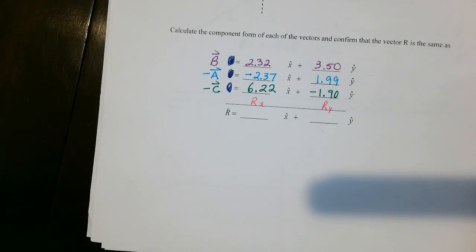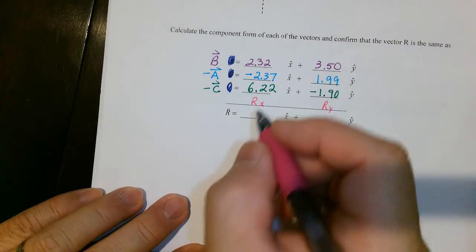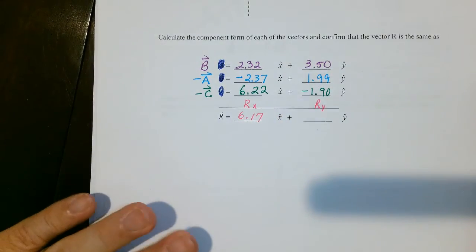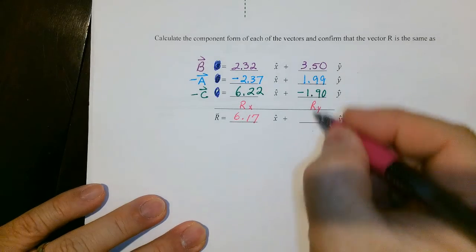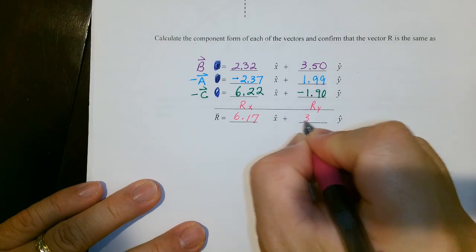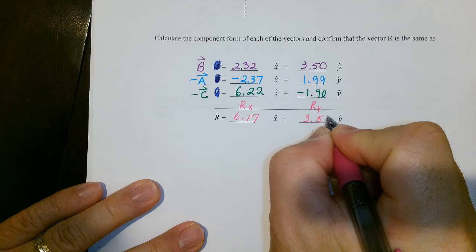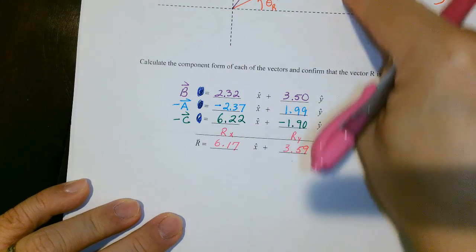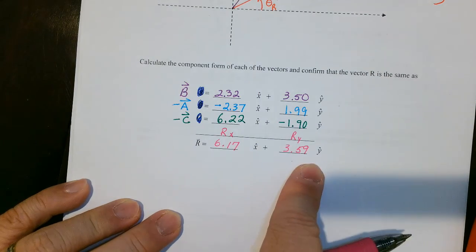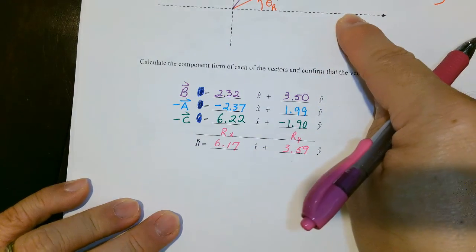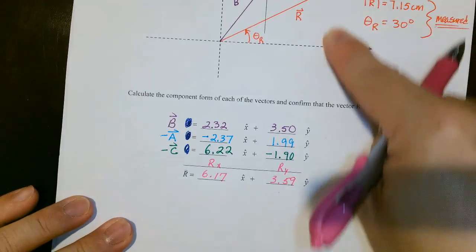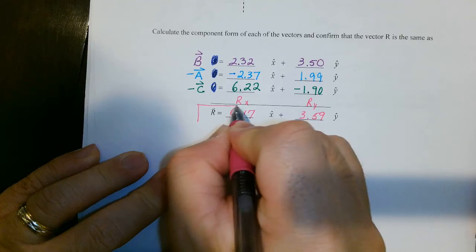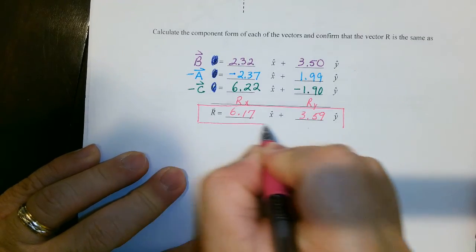So, when we work it out, I get 6.17 for my Rx, it's positive, and here I get 3.59 for my Ry, and that makes sense because it's Rx, Ry, and it's the first quadrant, they're both positive. 6.17 looks a lot longer than 3.59. So yeah, it looks good. So this is my Cartesian form of my resultant vector calculated.